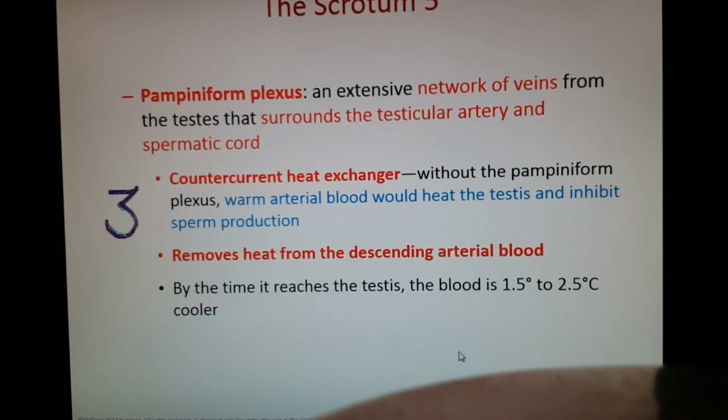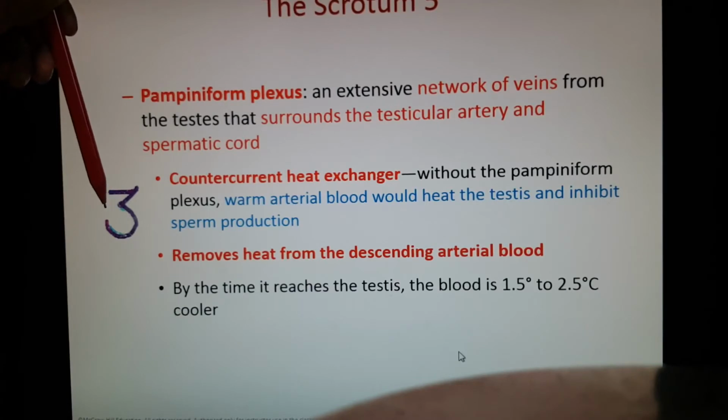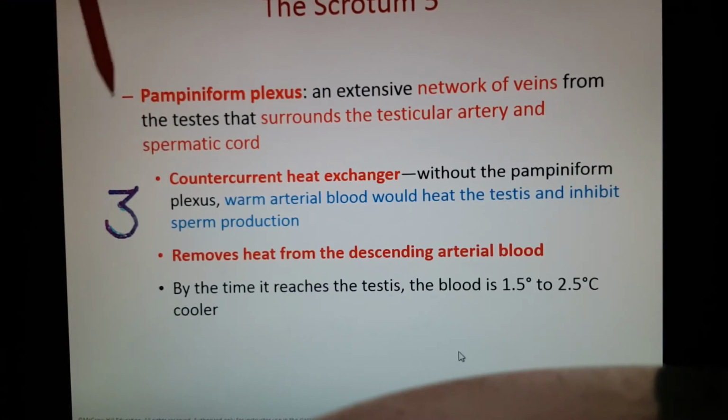The last mechanism is the pampiniform plexus. It's a network of veins that surrounds the testicular artery. So you have blood supply from the testicular artery into the testes, and surrounding that testicular artery is the pampiniform plexus, a webbing of different veins.